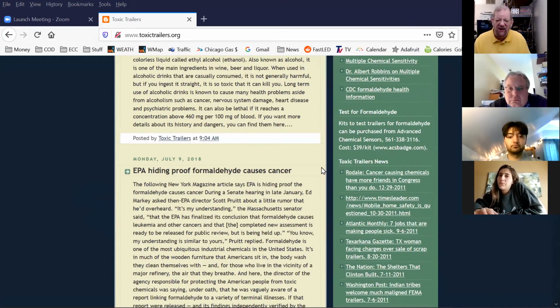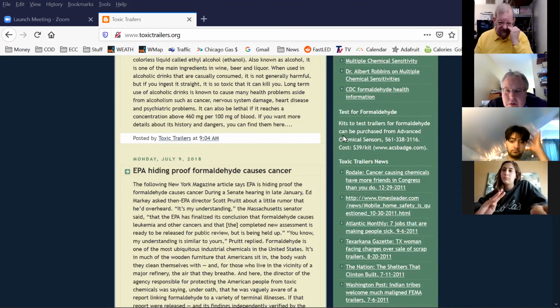If you know anybody who has new babies and they went out and bought new furniture, and if it wasn't solid wood, if it was particle board, which most people buy with a veneer on top, it might be giving off formaldehyde. I talked to some people whose children were made sick from that furniture. This company, I've never used it, but a number of my students have, has a test kit.